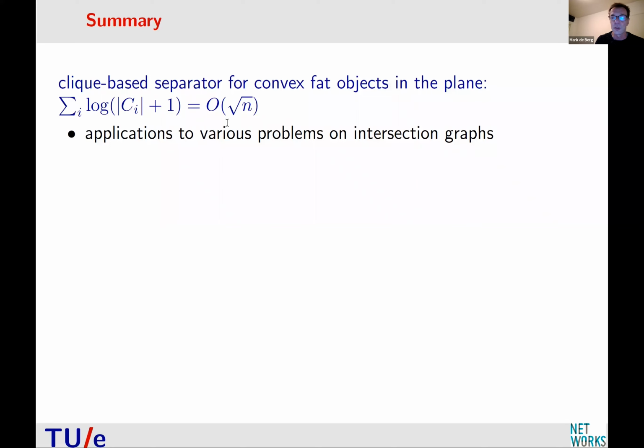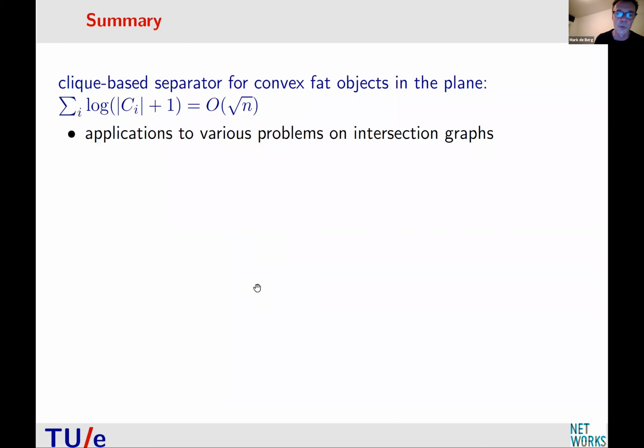Okay, so the summary. First of all, we've seen this clique-based separator. So if instead of a planar graph, you have a geometric intersection graph of disks, or maybe convex fat objects, then you can find a separator consisting of cliques, where the sum of the logarithm of the clique sizes is only square root of n.